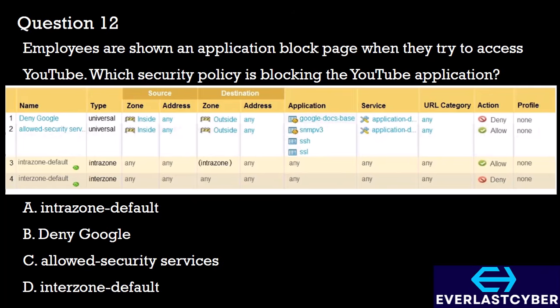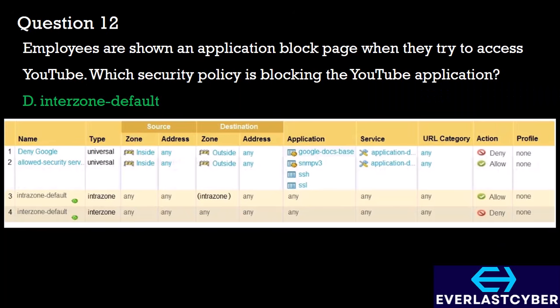If we look at the screenshots we have, we can see the Interzone default displayed at the bottom of the security rule base, and it can only be overridden by a user-defined rule. So in this case, the Interzone default rule has a deny action and applies to any traffic that does not match any other rule here. So our answer here is option D, the Interzone default.